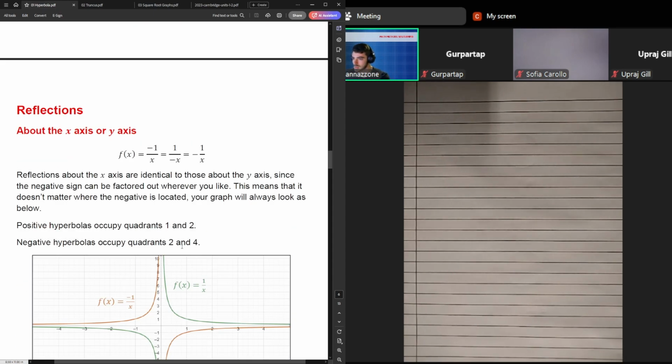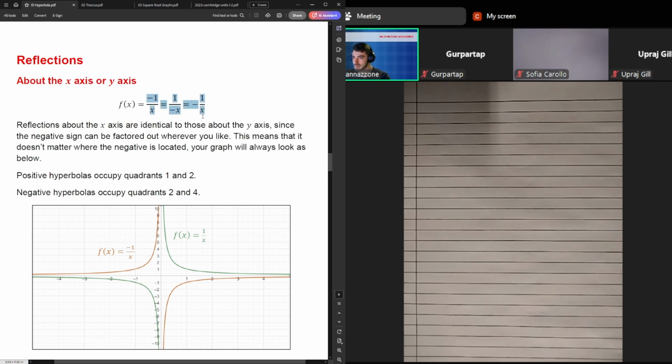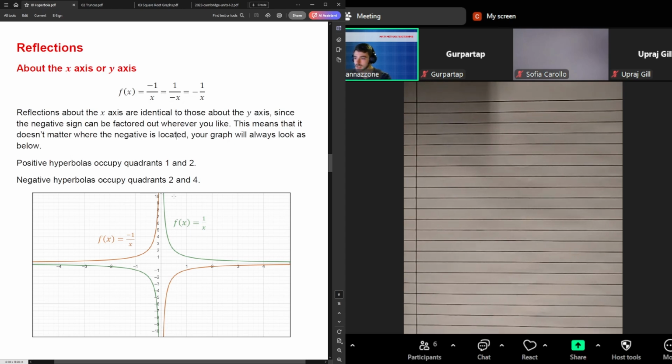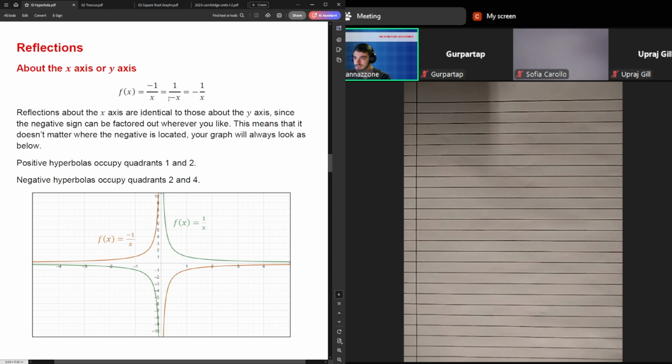Okay. Reflection terms. The good thing about this kind of graph is that you typically only really need to consider one kind of reflection. The reason why is because when you put a negative sign on a fraction, mathematically speaking, you can rearrange that to be either in the numerator or in the denominator, so it doesn't actually matter where that negative sign goes.